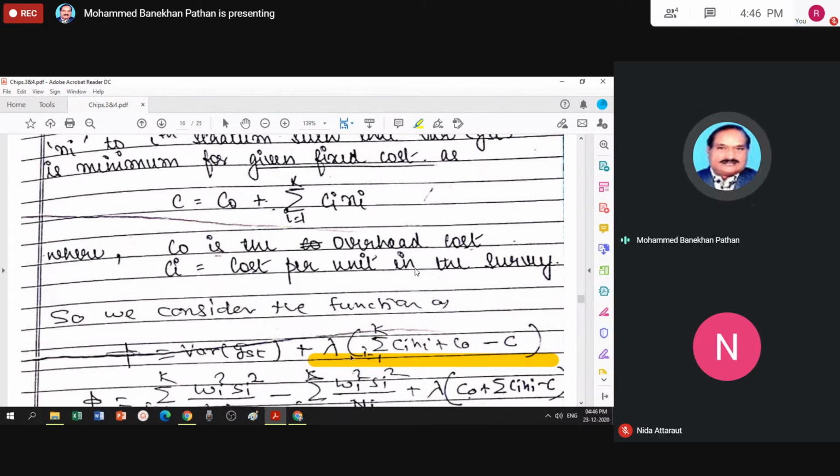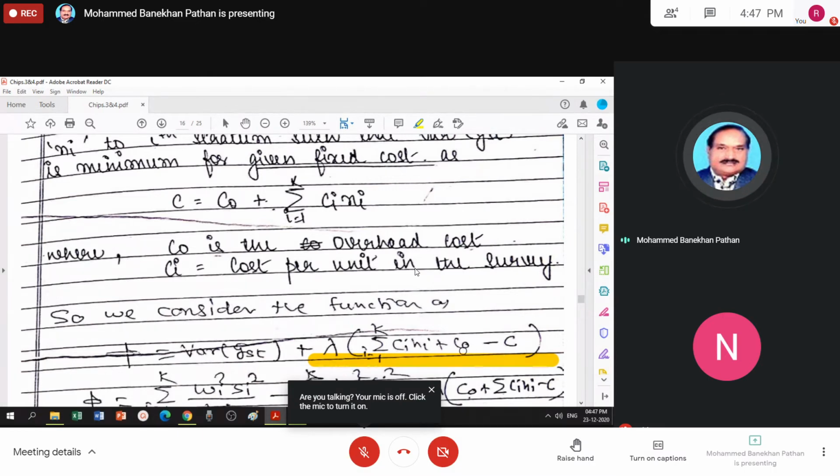So ultimately this bracket is 0, multiplied by lambda is 0. So phi is nothing but the variance. So we try to decide ni which minimizes the variance with fixed cost.